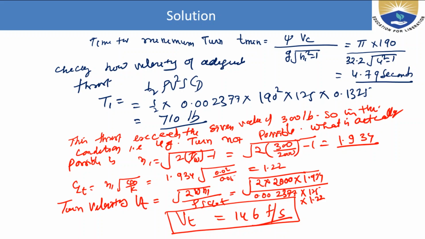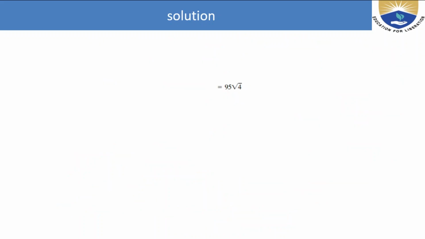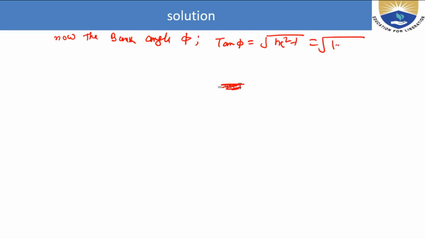So this is the velocity which we are supposed to get. So now we will see further that now the bank angle phi, we can write that tan phi is equal to under root nt square minus 1, 1.934 square minus 1, 1.655.